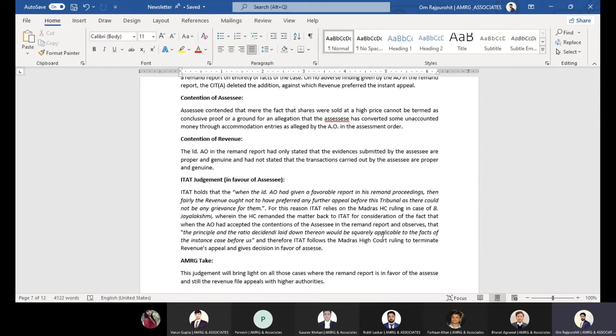For this reason, the ITAT also relied on the Madras High Court ruling in the case of B. Jayalakshmi, wherein the High Court remanded the matter back to the ITAT for consideration of the fact that the AO had accepted the contention of the assessee in the remand report, and observed that the principle and ratio laid down thereon would be squarely applicable to the facts of the instant case before us. Accordingly, the ITAT allowed the matter in favor of the assessee, dismissed the revenue's appeal and gave the assessee a favorable order.